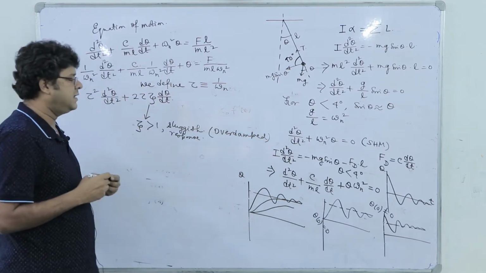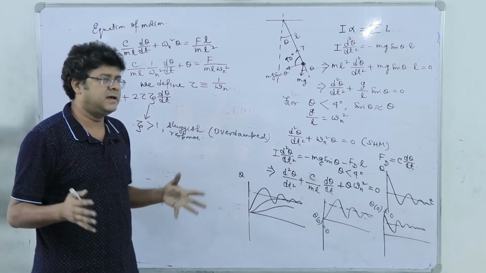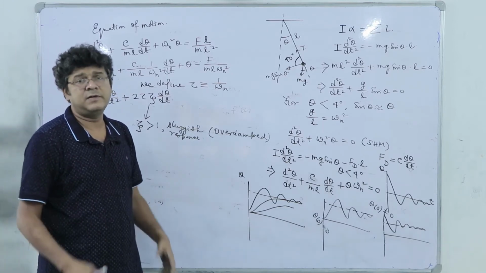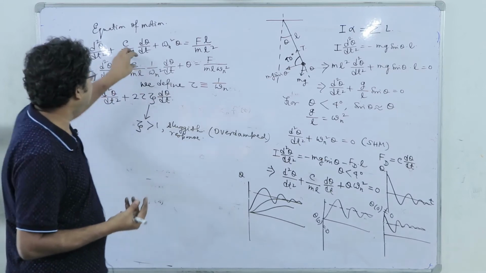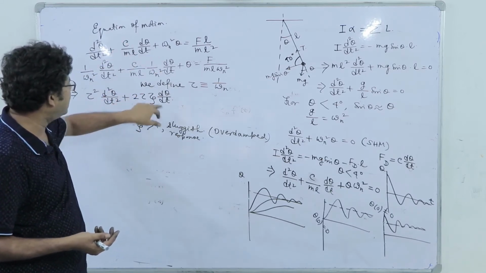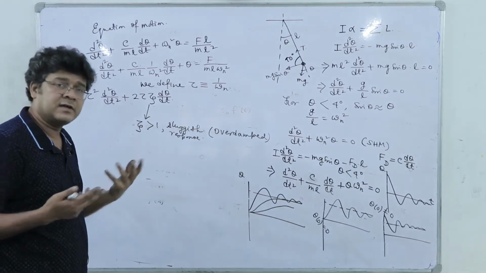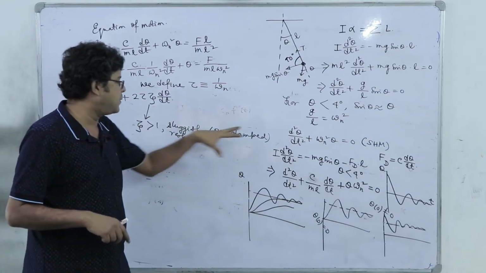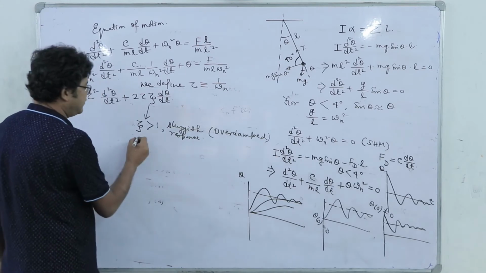The physical reality is that the pendulum is suspended in a lube oil with very high viscosity, so the value of C is high. If I equate this entire group to 2 tau zeta, then zeta becomes greater than 1, a sluggish response, and we refer to it as an overdamped response.